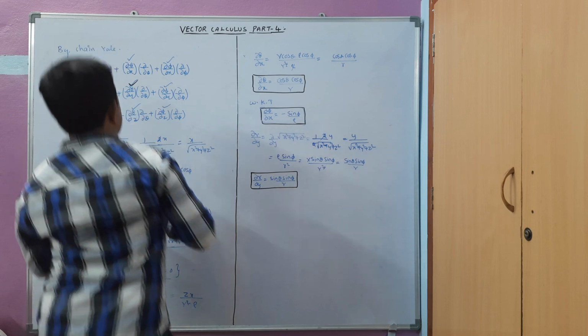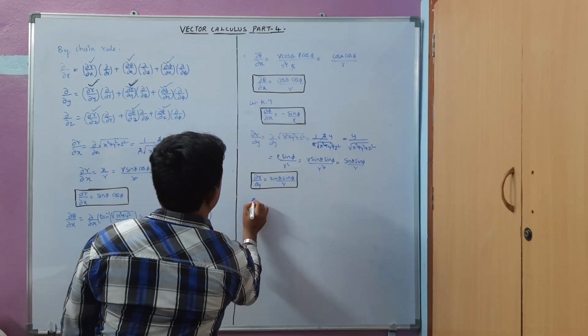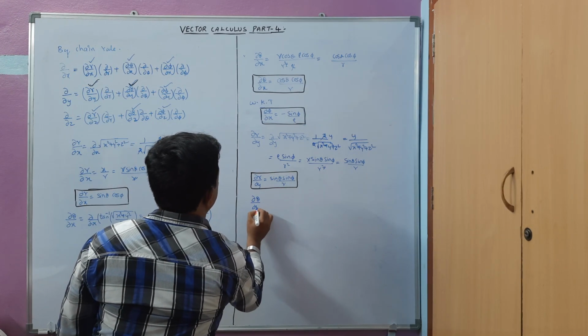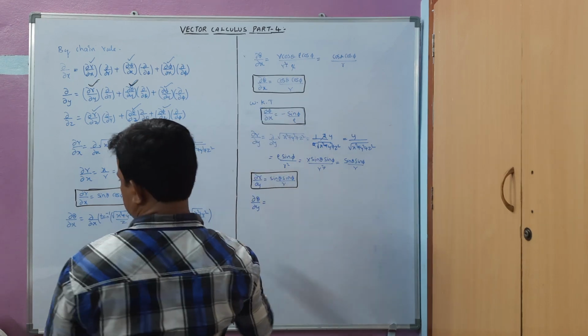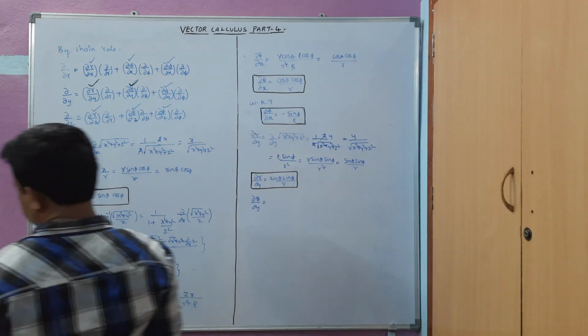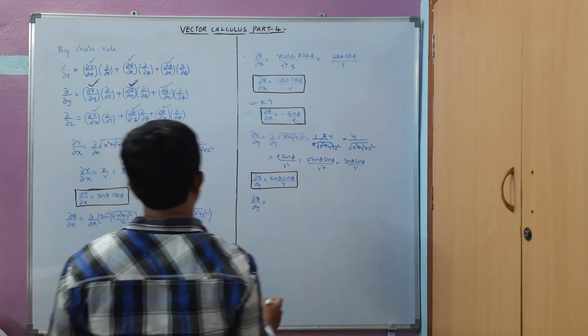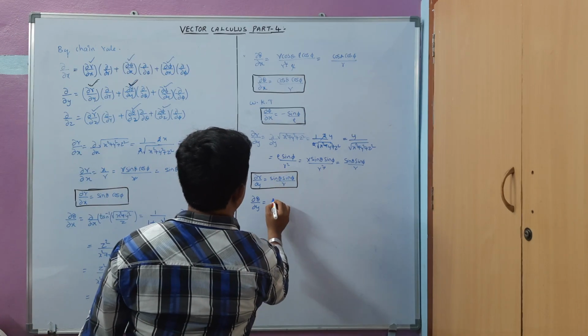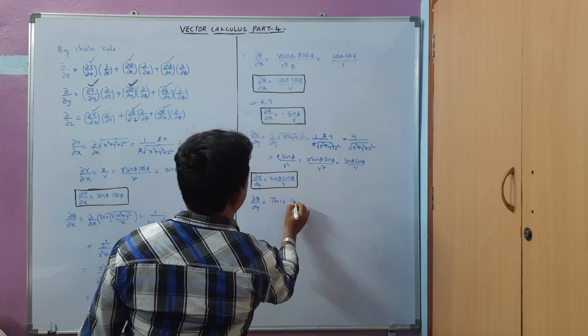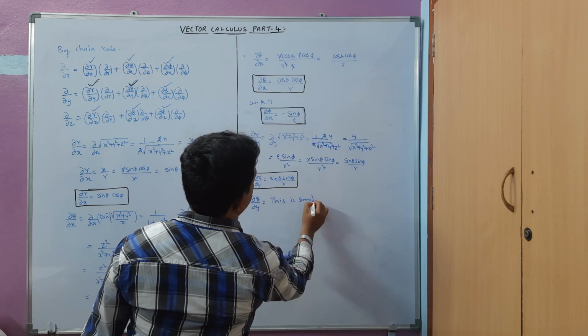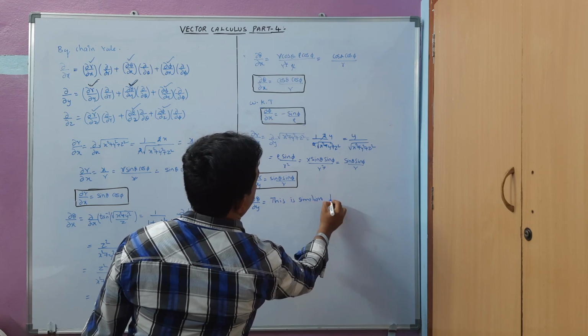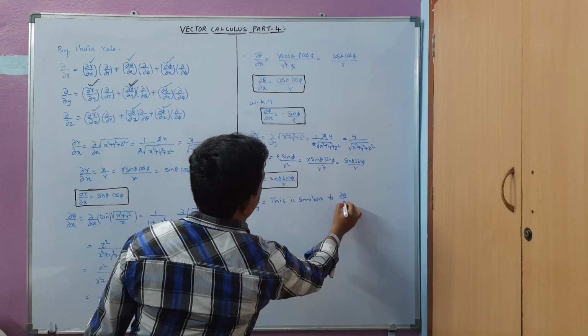So dou theta by dou y is similar to the equation 1 only, that is similar to dou theta by dou x.